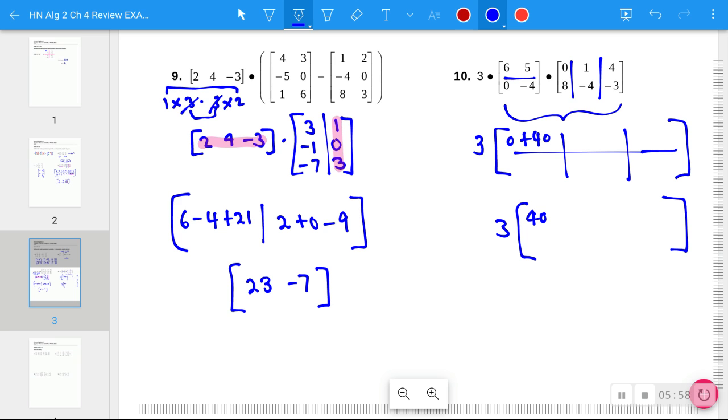And then in the next one, you're going to do the top row, 6 and -20. So that's -14. And then finally, you're going to use the top row again, 24 and -15. So you get 9 there.